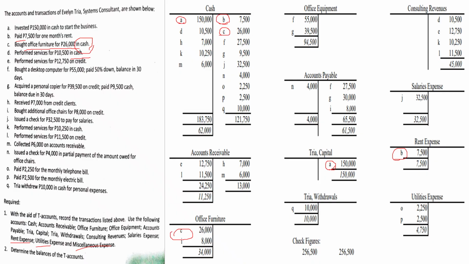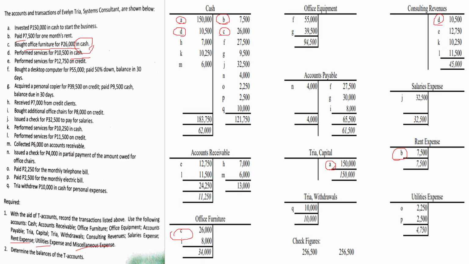So therefore, we place letter D on the debit side of cash. Now, if we perform service, our revenue is increased. So the revenue increases are normally on the credit side. So we look at the revenue T account here. Letter D, we write 10.5 on the credit side.